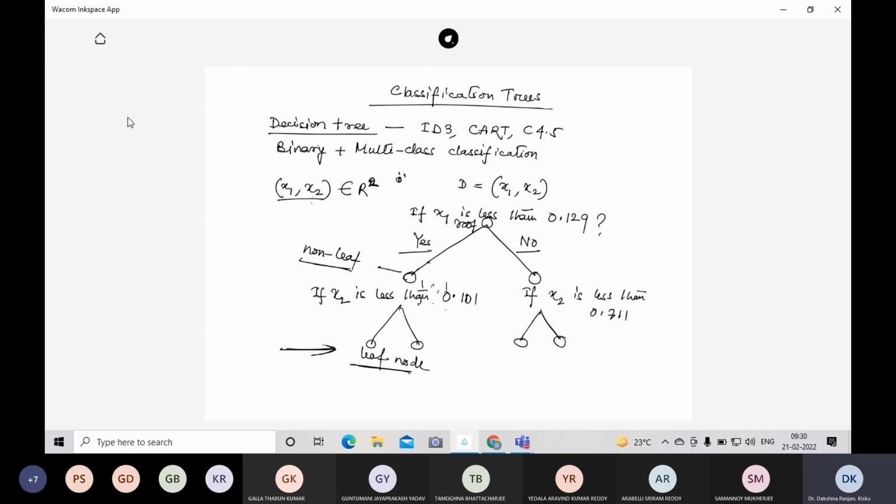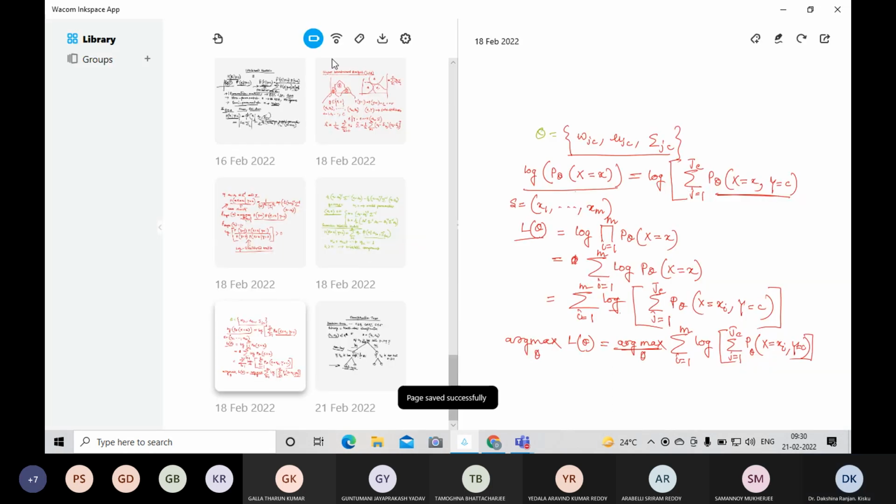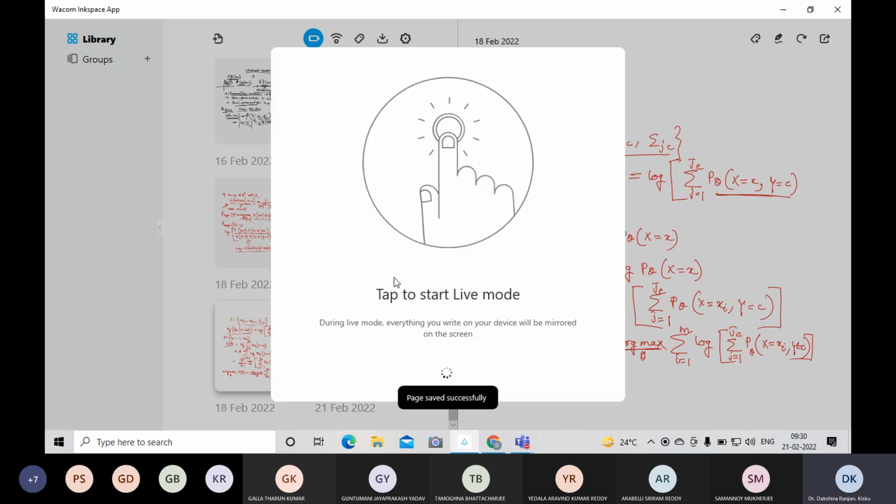Now we will talk about some parameters that we can use in the classification tree. It is clear to us that there are three different types of nodes in the classification tree.